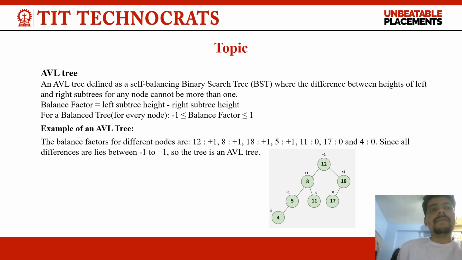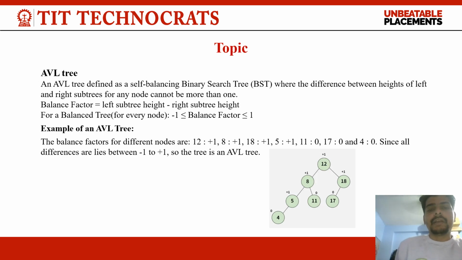But in an AVL tree, after every insertion or deletion, the tree checks its balance factor. The balance factor should always be 0, 1 or -1 on every node. So we check the balance factor on every node and perform rotation if needed. So what is rotation?